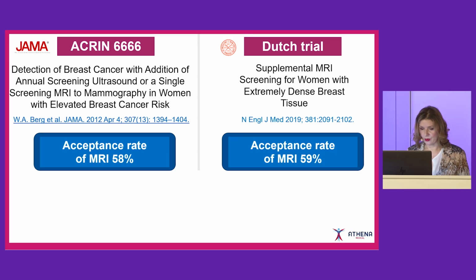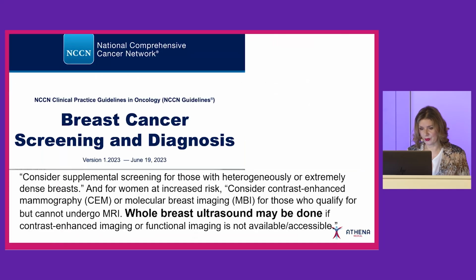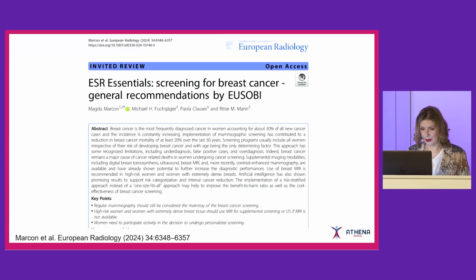And this is due to claustrophobia and also a lot of discussion that has been going on about the deposition of gadolinium in the brain, and also in some women they have allergies and they're very concerned about this. Now, the NCCN guidelines suggest that if contrast is not feasible or available or accessible, the whole breast ultrasound is recommended.